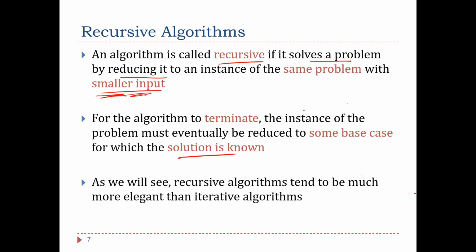And as we'll see, recursive algorithms tend to be much more elegant than iterative algorithms, maybe from a mathematical point of view, because they really reflect the straightforward, error-free definition of the underlying function that is defined by those algorithms. So they are a straightforward translation of those functions.